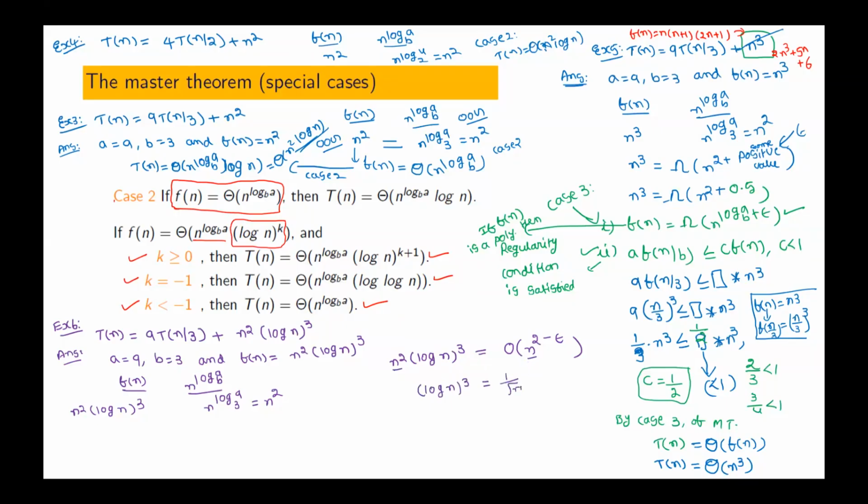Is log n whole cube the same as 1 by root n? What is the order of growth of 1 by root n? As n tends to infinity, that value converges to 0. That means, is it greater than n log n whole cube?